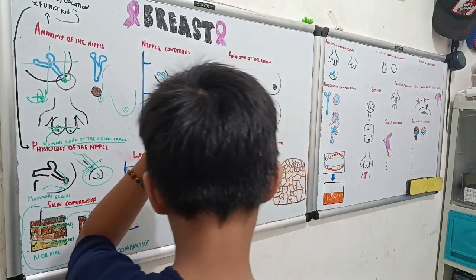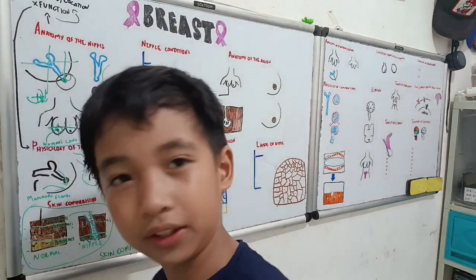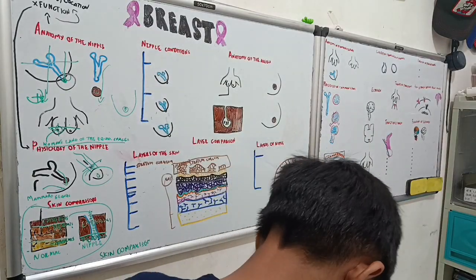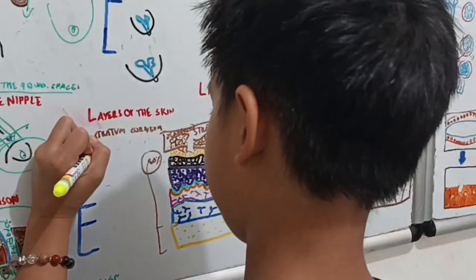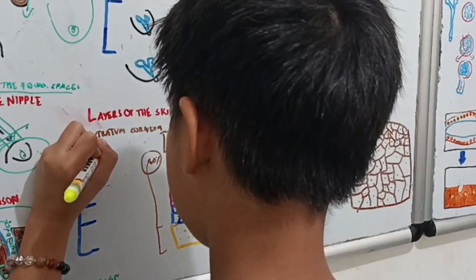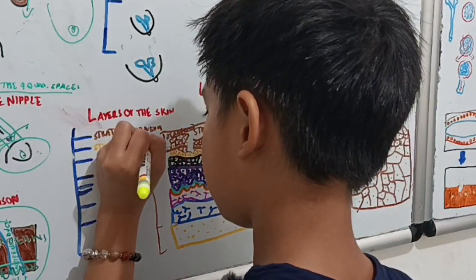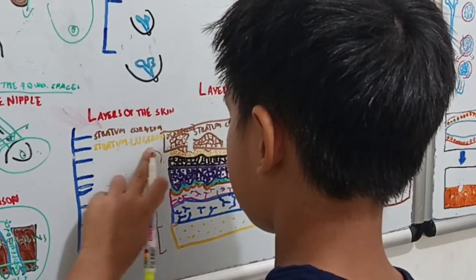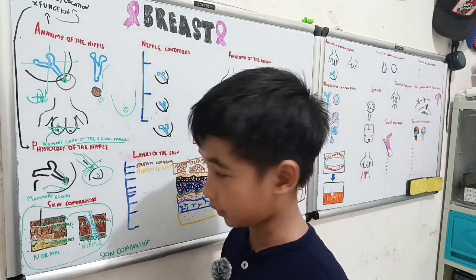What's this thin yellow layer right here? I don't know. What is it? Just joking. Its name is the stratum lucidum. That's the stratum lucidum, okay?